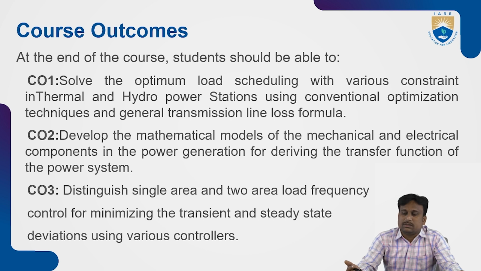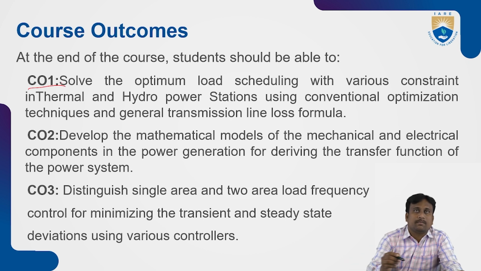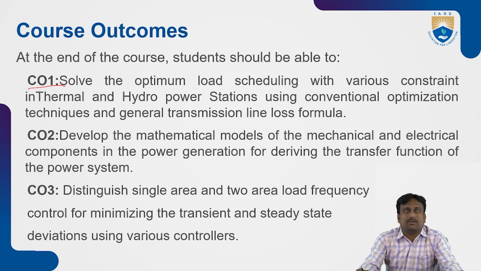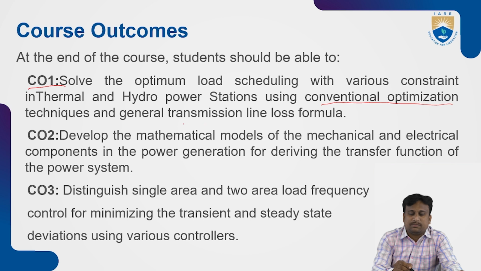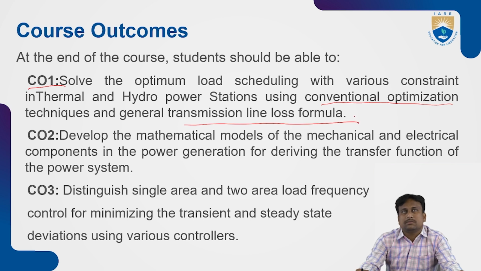The first outcome is CO1, course outcome 1. Here, we will solve the optimum load scheduling with various constraints in thermal and hydro power stations using conventional optimization techniques and general transmission line loss formulas.